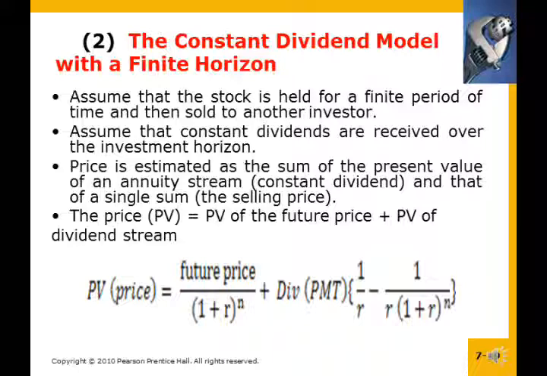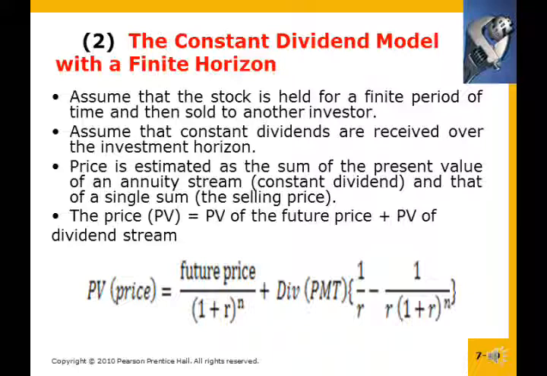You have to get the present value of the future price. In the case of the bond, we get the present value of the lump sum, the principal, and you have to get the present value of the dividend stream. Also, in the case of the bond, we get the present value of the coupon payment. So here, to get the price, you have to get the summation of the present value of the future price and the present value of the dividend stream. And the rule will be the same rule as the rule of pricing a coupon bond.